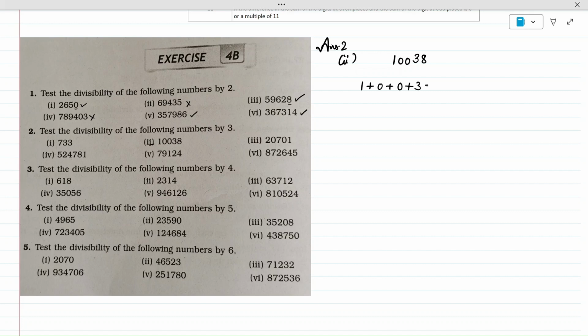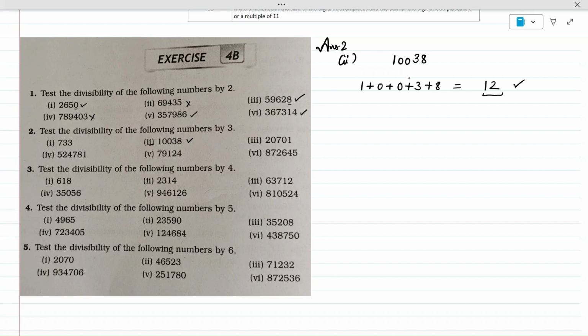So what is the sum here? This is 8 plus 3, 11, plus 1, 12. We will get 12. So now the sum should be a multiple of 3. We know that 12 is a multiple of 3. So that means this number is also divisible by 3.